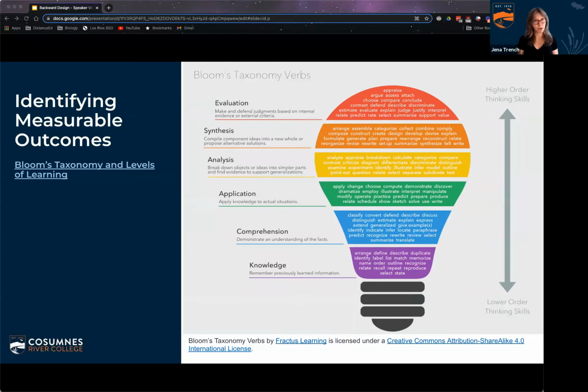But this is a key component of the success of course and assessment design, right? It is to understand what level of learning your objectives are at, and to identify terms that you can use to convey to students how they will demonstrate their learning, and also to help you identify whether your assessments align with those levels of learning.